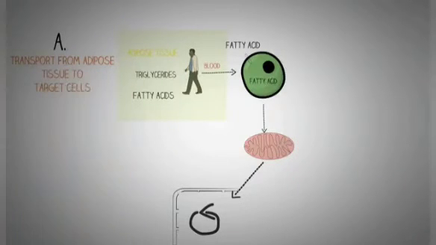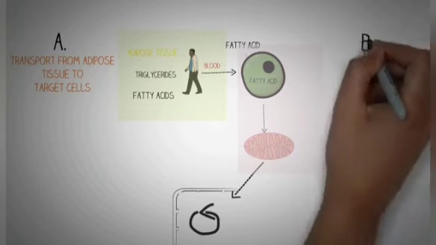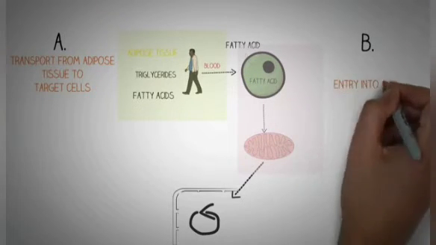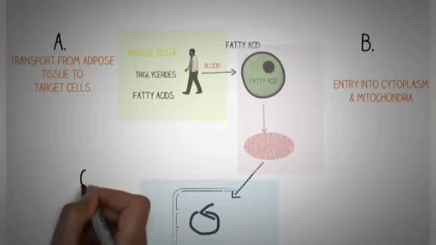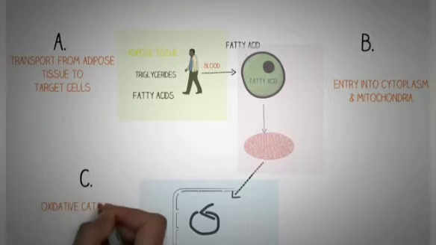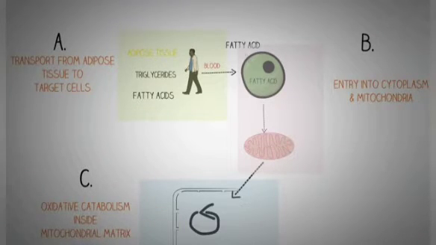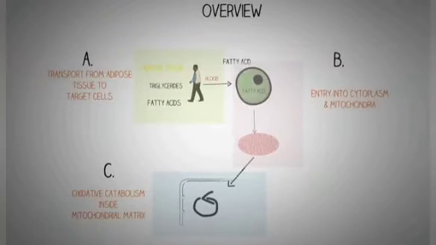A. Transport of fatty acids from the adipose tissue to the target cells. B. Entry of the fatty acids into the cytoplasm and then into the mitochondria of the cells. And C. Oxidative catabolism inside the mitochondrial matrix.